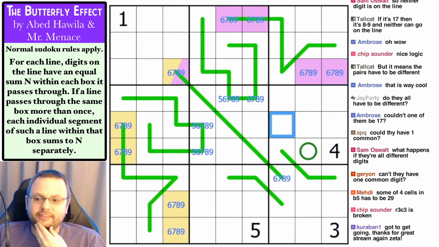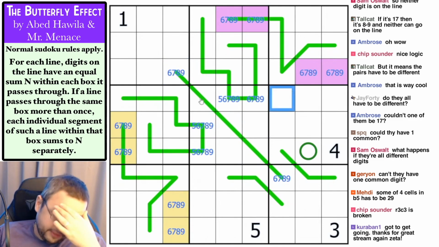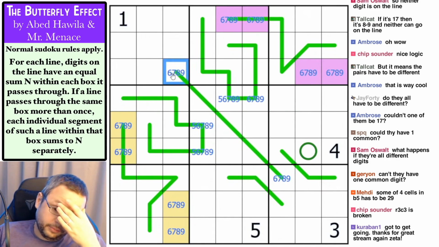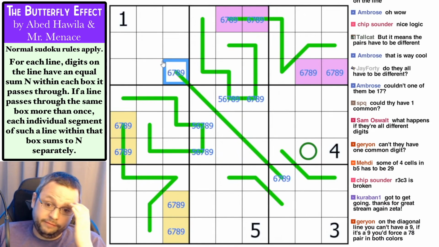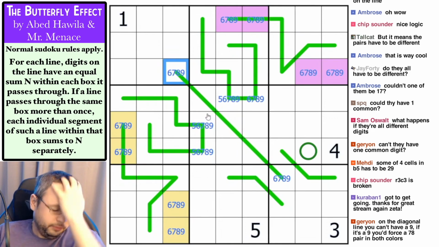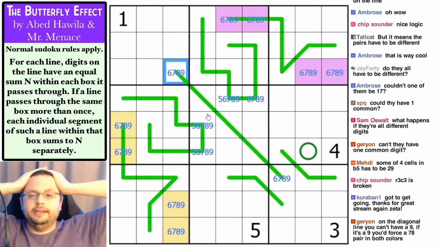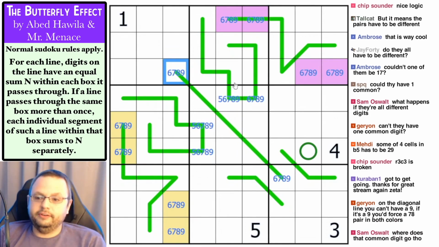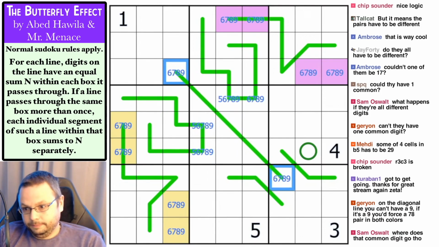Wait, sorry, no, this digit is neither purple nor yellow. So purple and yellow have a digit in common. So one of them sums to 15, one of them sums to 17. So one of them is 8, 9. So this digit is never 8, 9.